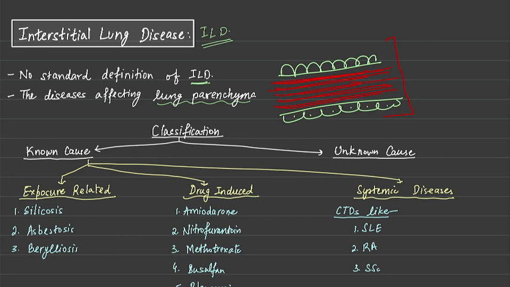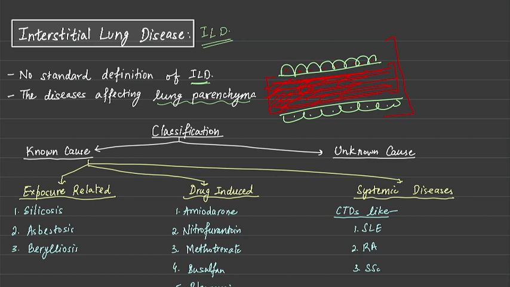Any disease which affects this red area is called interstitial lung disease, although the insult comes from the alveoli itself or the alveolar epithelial cells itself, but the main area involved is the interstitium.